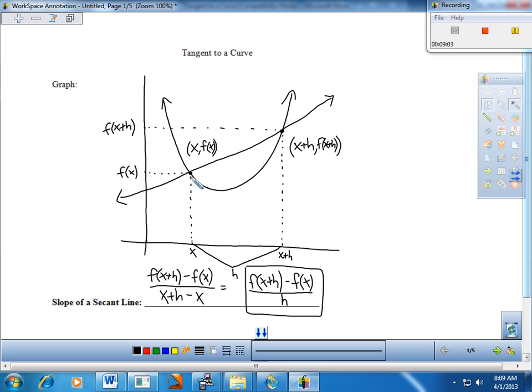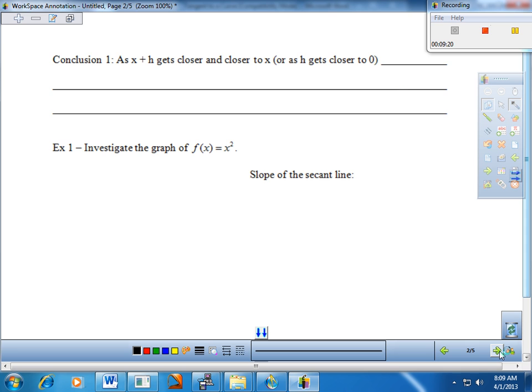So let's go ahead and write just a conclusion in place, and then we'll see this in action. So it says, conclusion 1: as x plus h gets closer and closer to x, so the second point getting closer and closer to the first point, or as I specified, everyone, as h is getting closer to 0, here's what I wrote.